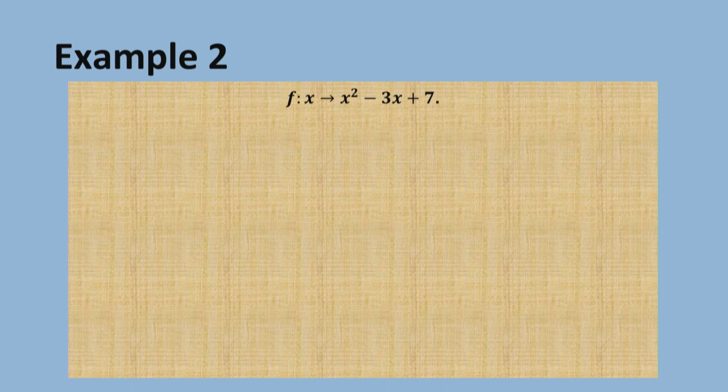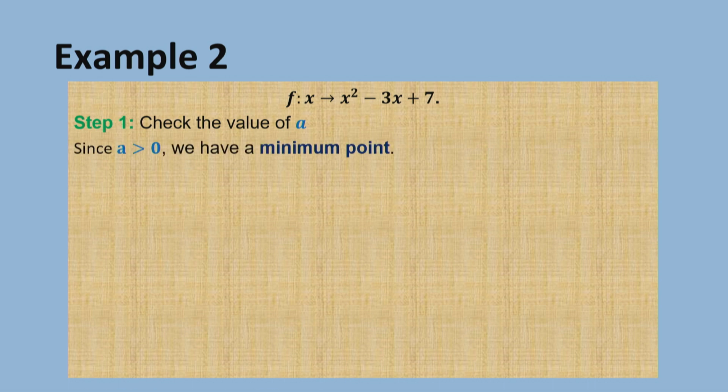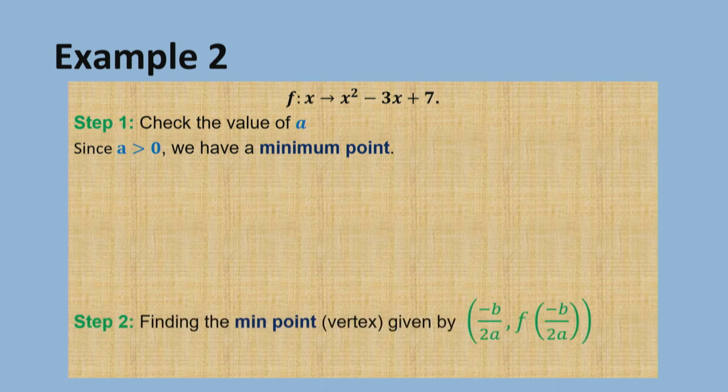Example 2. Now, we have a function f which maps x onto x squared minus 3x plus 7. So, step 1, you check the value of a. Here, a is 1. So, 1 is greater than 0. Therefore, we have a minimum point.